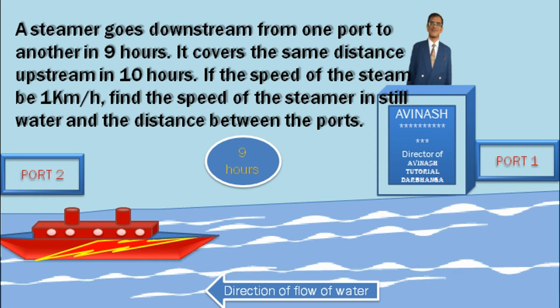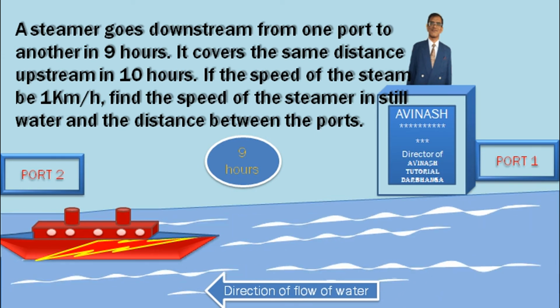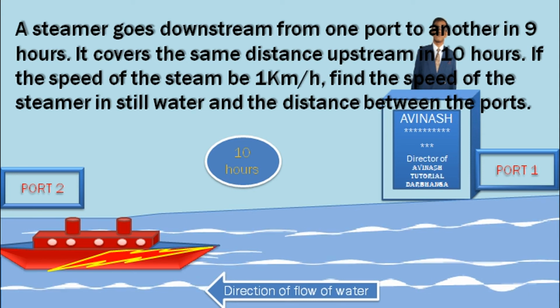This means that the steamer will go in the direction of the flow of water, that is from port 1 to port 2 in 9 hours. Now let us see what the second line says. It says that it covers the same distance upstream in 10 hours.